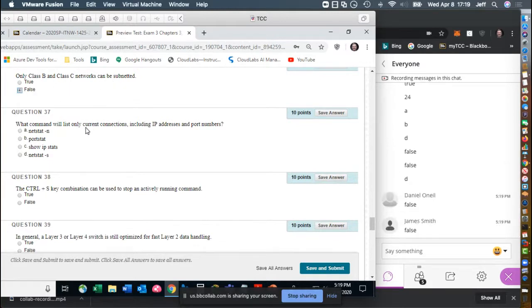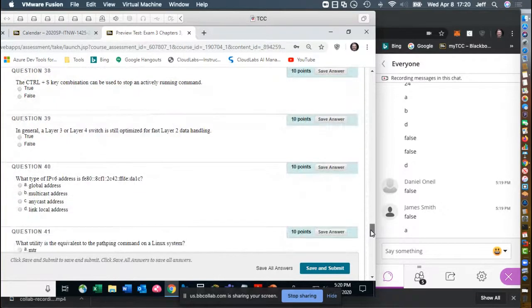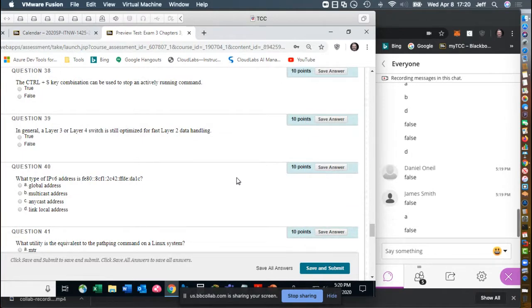What command will list only current connections, including IP addresses and port numbers? A, right, netstat -n. All right, the Control plus S key combination can be used to stop an actively running command.